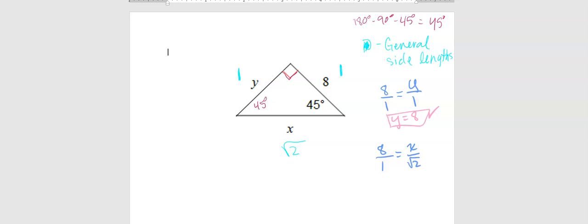Now you're probably wondering, okay, now what? Well, when you learned about proportions way back when, you probably remember learning about this thing called cross multiplication. What does that mean? I'm going to put that to the side right over here. Cross multiply.